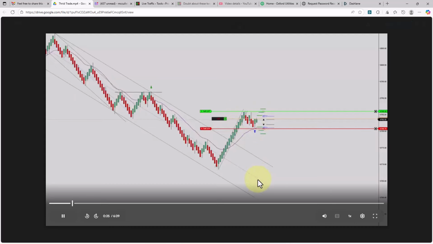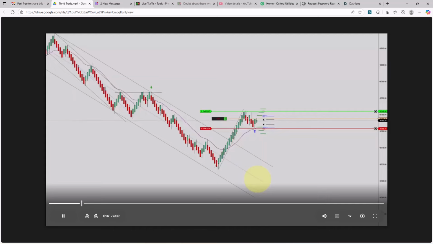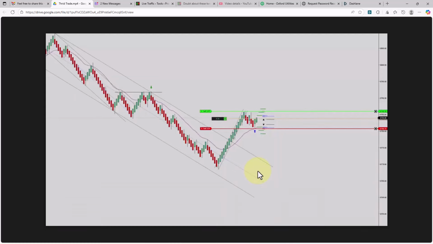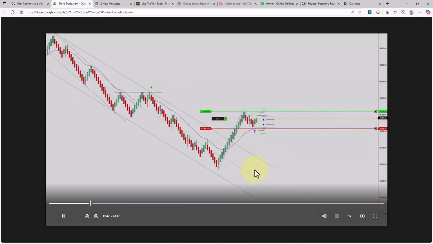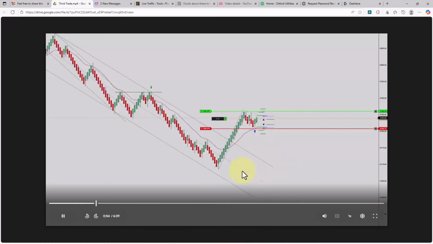So it's a second entry long, when you're looking for a retest of this high. This one takes a little longer to play out. We'll speed it along here.